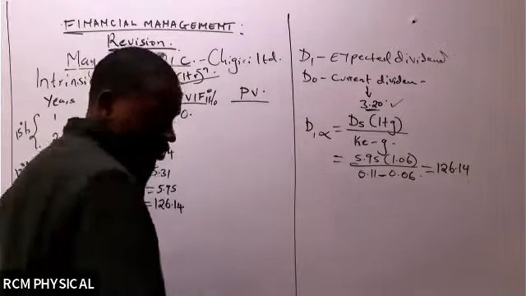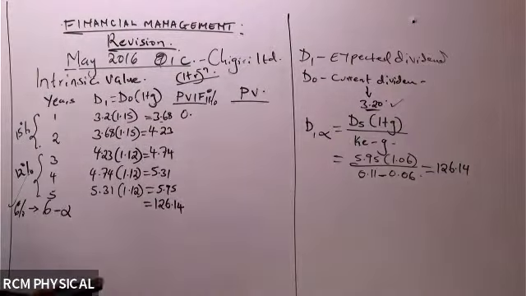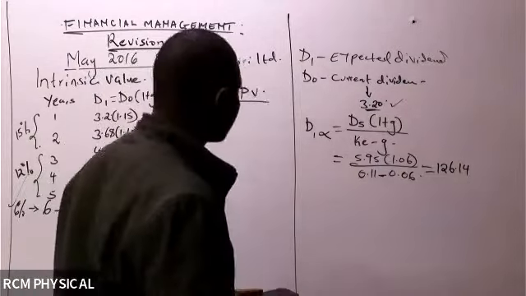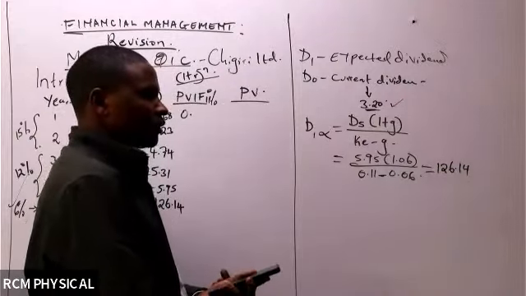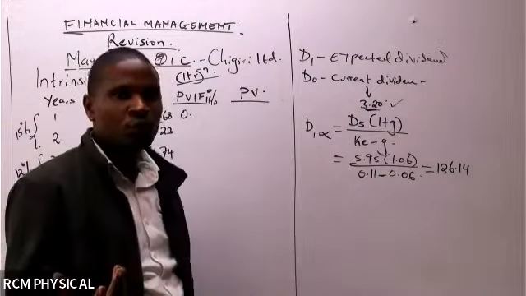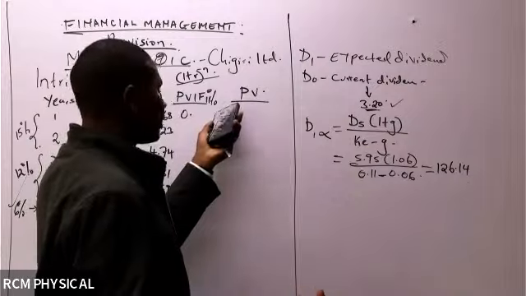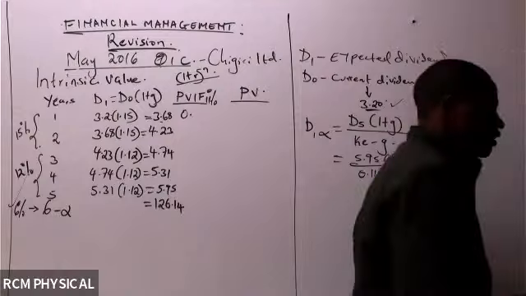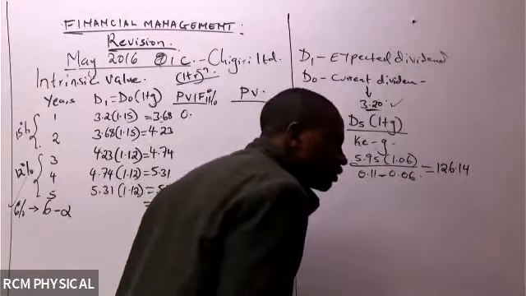I'm waiting for you to give me the PV factor of 1 plus R. My computer had hung a bit. The first one is 0.9009.